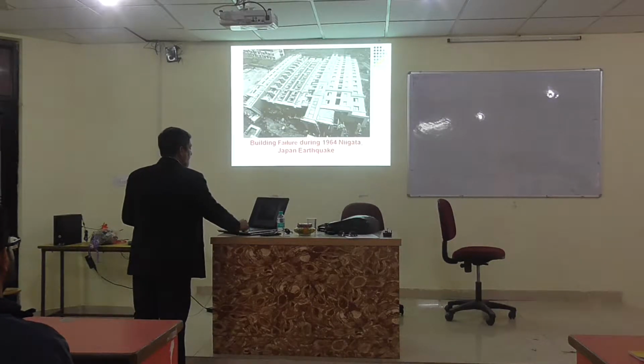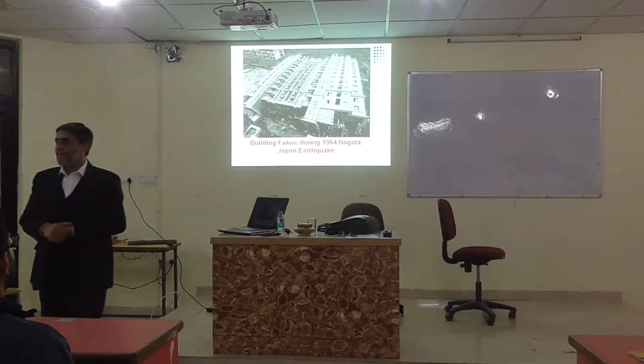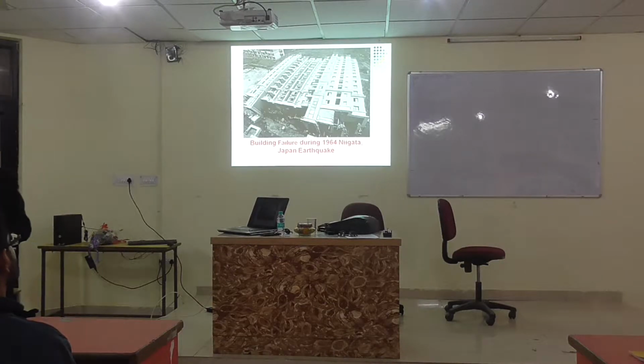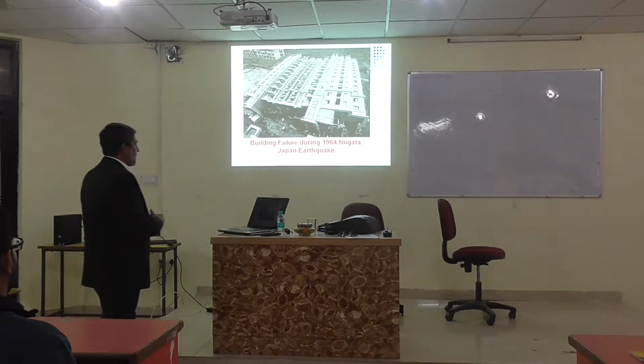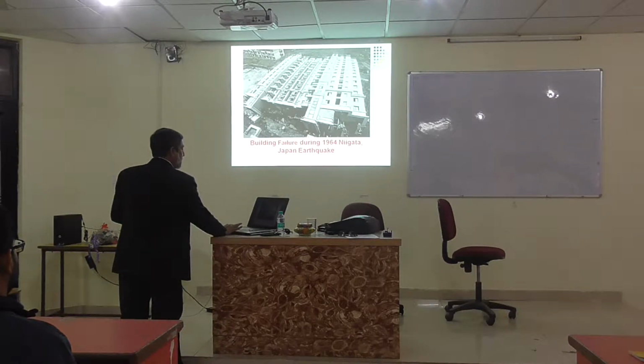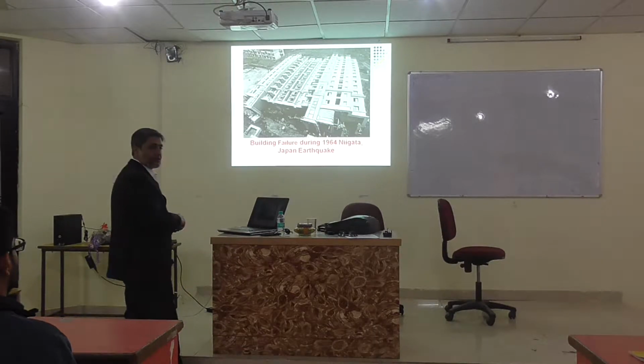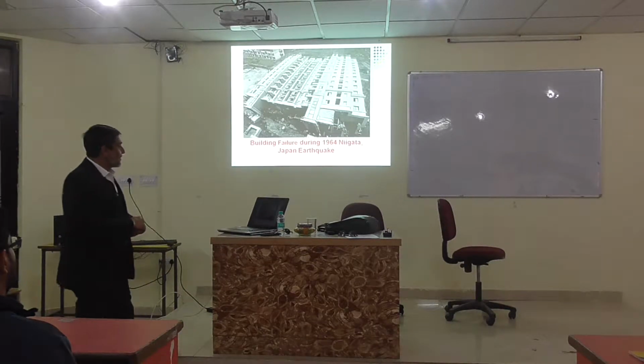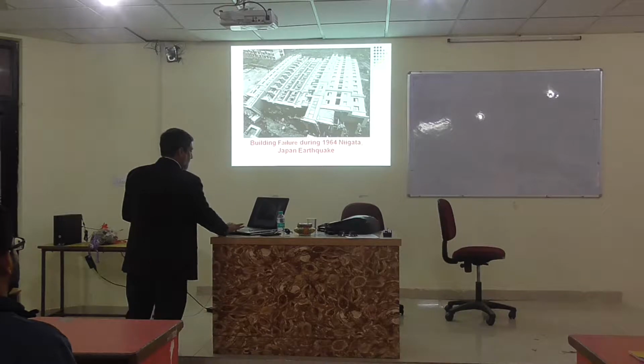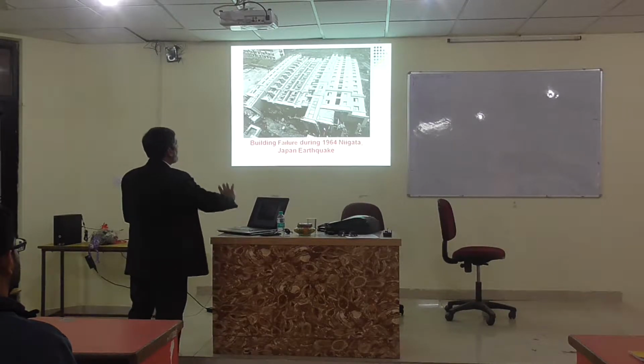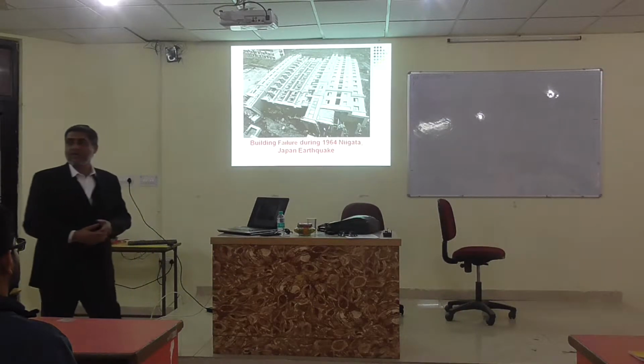Similarly, this building, everything intact, but it has been simply overturned because the foundation has perhaps not been designed properly. Some sort of miscalculation over there, and due to that, everything looks nice, but the building has been overturned.